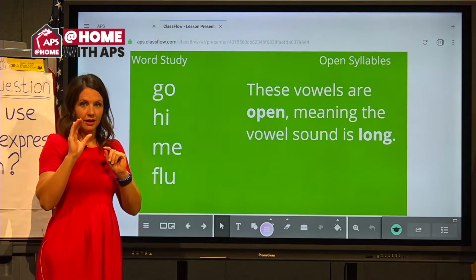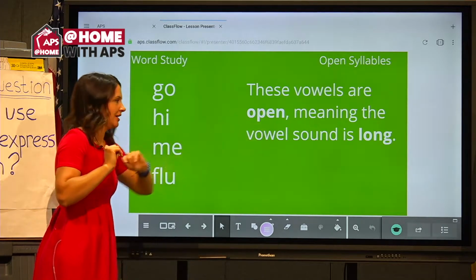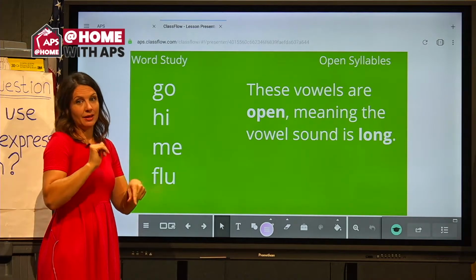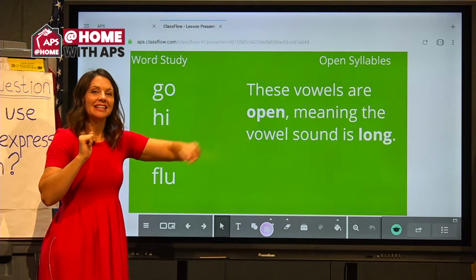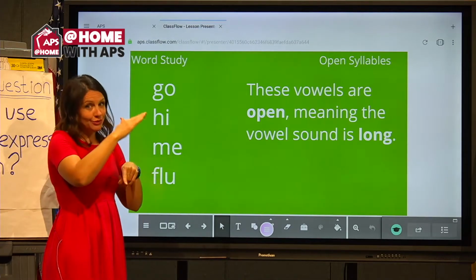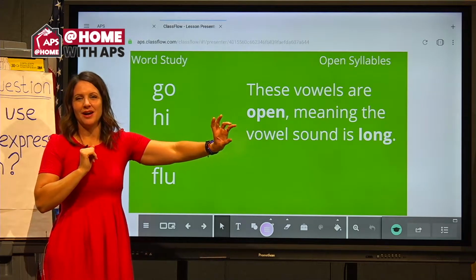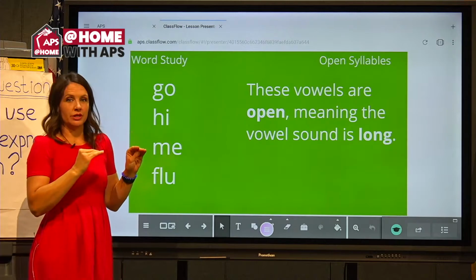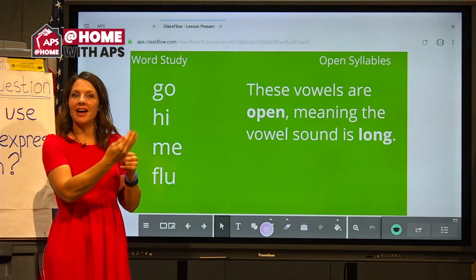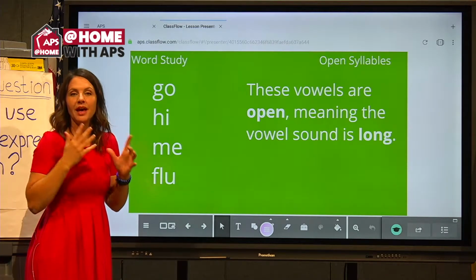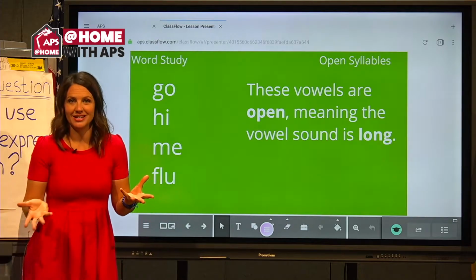Hi, h, i. Me, m, e. And flew, you. Each of these words ends with that long vowel sound. That means it's an open syllable.